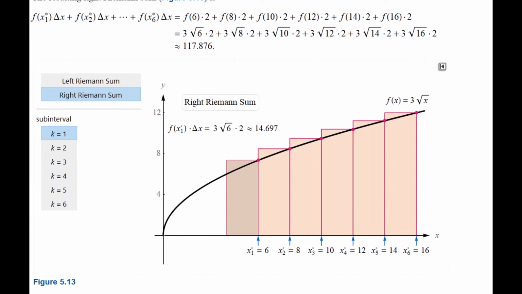But it does occur here because the function is increasing. Had it been decreasing, we would get the reverse relation. We would find that the right sum would be an underestimate, while the left one would be an overestimate. And if it was increasing and decreasing, well, we can't really say anything about that.